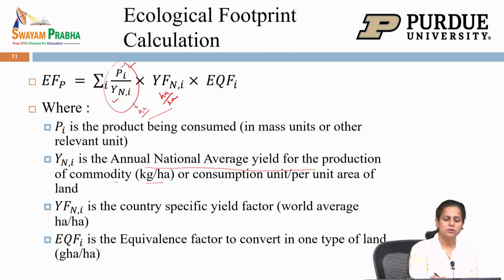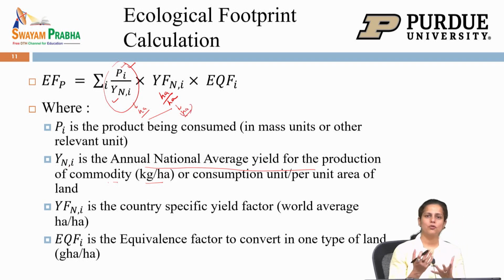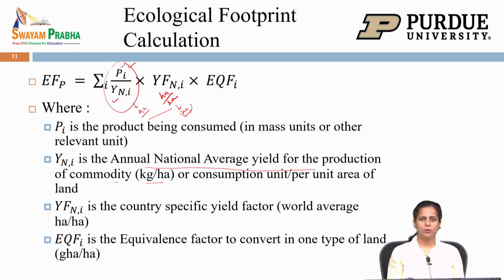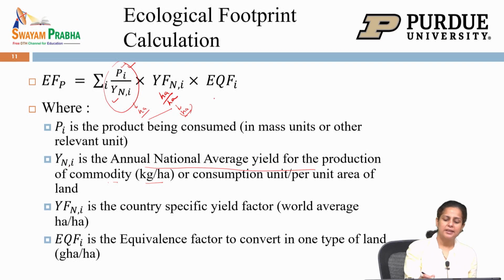So, what these two terms will give you is the hectare of land in terms of global average productivity for that particular type of land for the product making, and then we multiply it with the equivalence factor. When we are multiplying with the equivalence factor, we are removing the type of land and we are now converting all of the land into one type of land, which is global hectare.